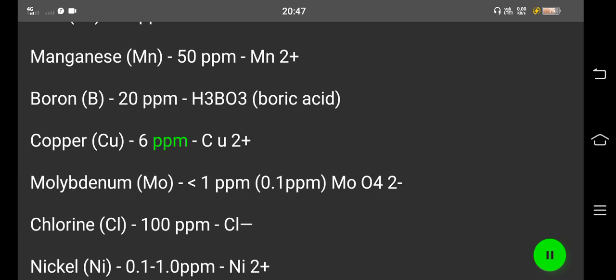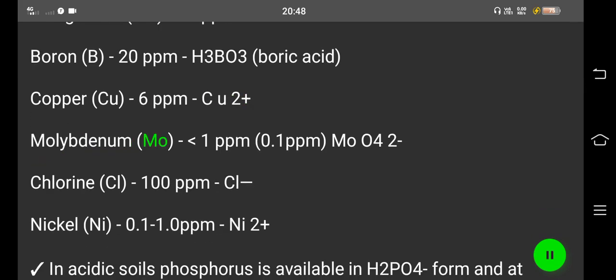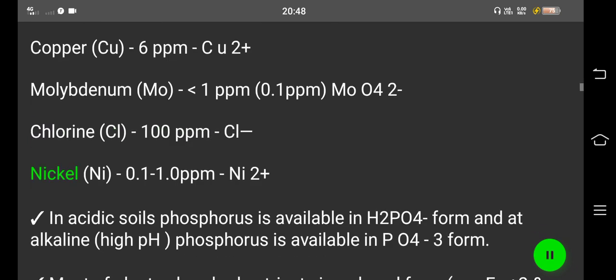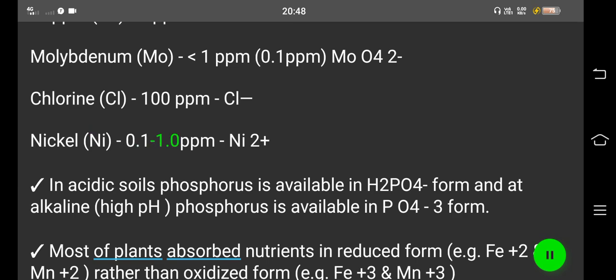Copper, Cu, 6 ppm, Cu2+. Molybdenum, Mo, less than 1 ppm, 0.1 ppm, MoO4 2-. Chlorine, Cl, 100 ppm, Cl-. Nickel, Ni, 0.1 to 1.0 ppm, Ni2+.